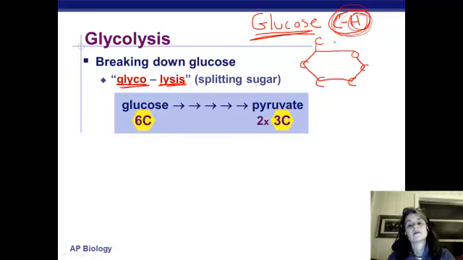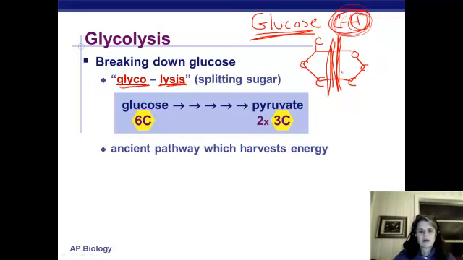What we're going to do is we're going to break it in half, and we're going to get 2 halves, each half with 3 carbons. Okay? So we're going to snip this glucose molecule essentially in half, ultimately, and we'll see how that works. This is a really ancient pathway. Remember, I said this is the only part of cell respiration that does not need oxygen.